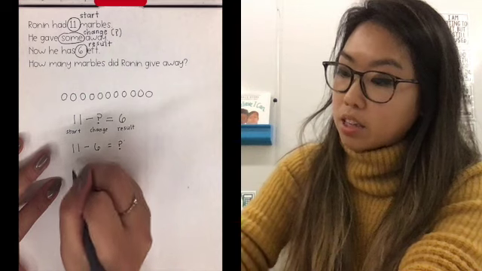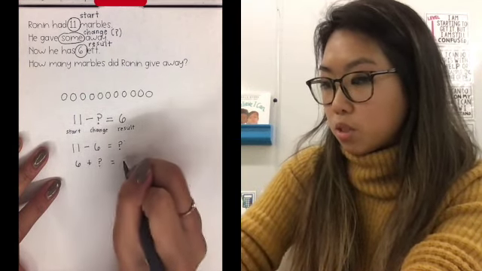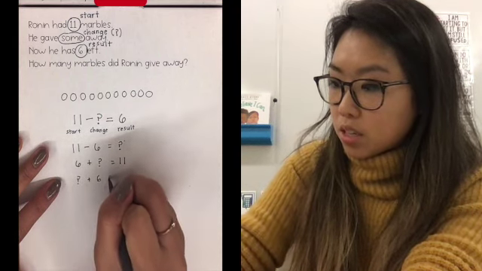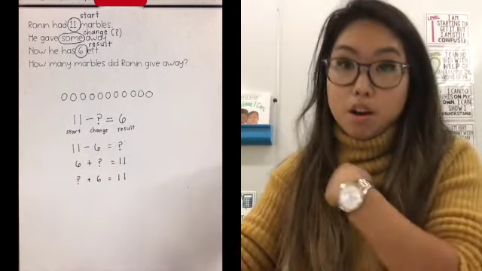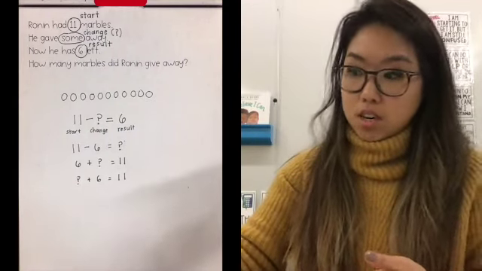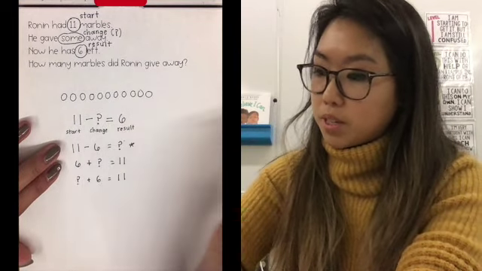I know that I could add my parts together, so 6 plus my unknown equals 11, and my unknown plus 6 equals 11. So now I'm going to think which one of these makes the most sense for me to solve right now. I know that I can solve this one, so I'm going to start with this one.